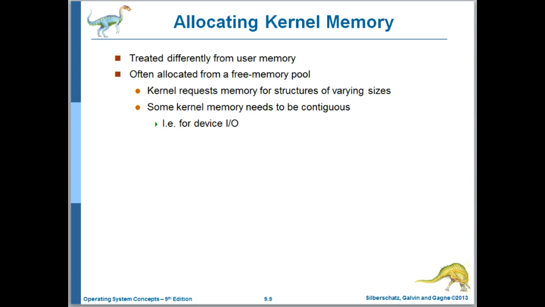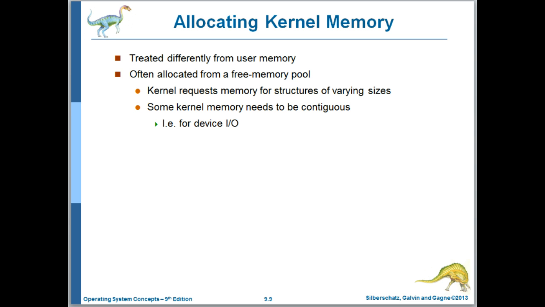Kernel memory requests can be of various sizes and occur quite frequently compared to user memory requests, and in order to avoid internal fragmentation, kernel memory allocation requests are treated differently.